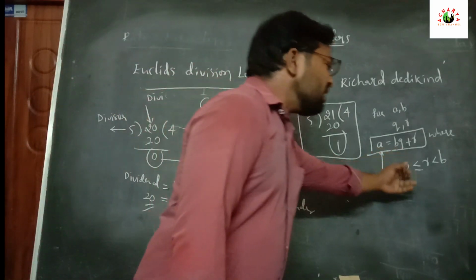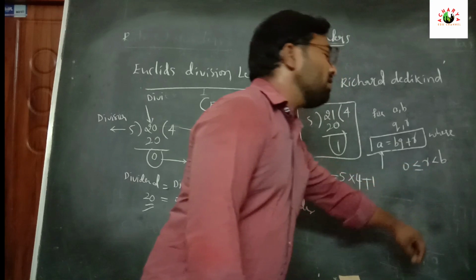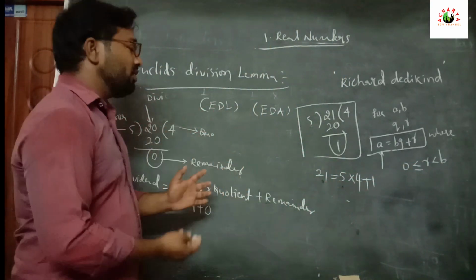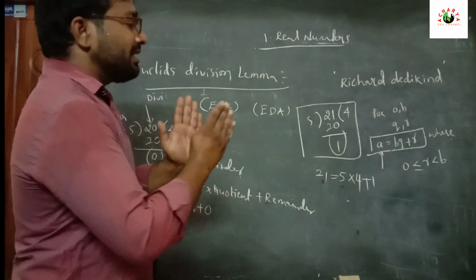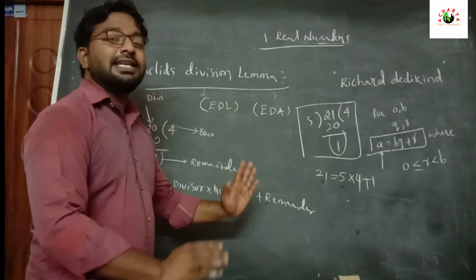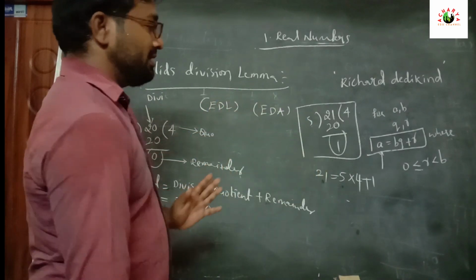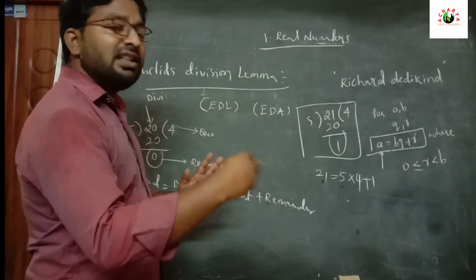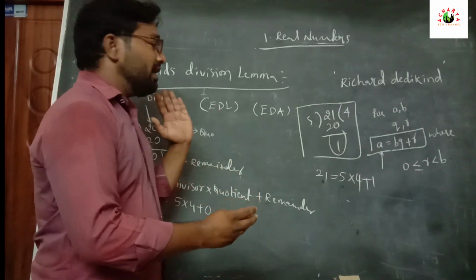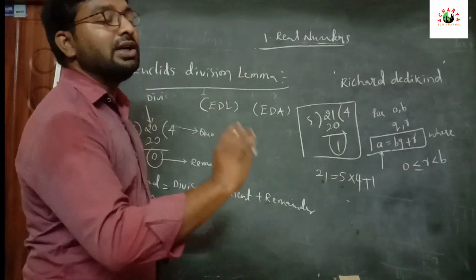Now what about this 0 less than or equal to r, less than b? In Euclid's division algorithm, the remainder always lies between 0 and the value of b. B in the sense of what? Divisor. So the remainder is always between 0 and the divisor.